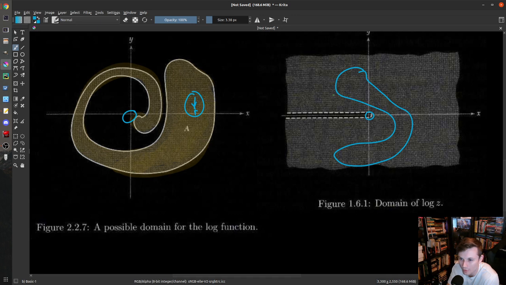They can be deformed into each other in some nice way that works well for the log function. So before when we were talking about branches, it was branches relative to this domain. Now we'll be able to talk about branches in exactly the same way, just relative to different domains.